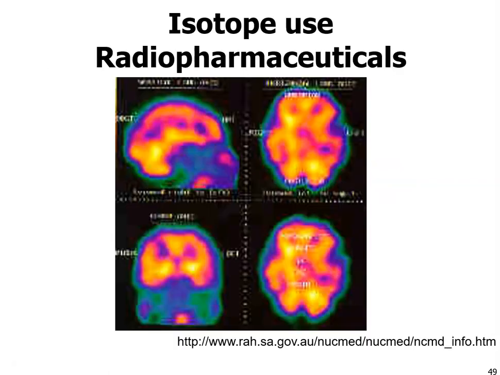Isotopes can be used in different types of sciences, and one that you might be familiar with or have heard about is that sometimes these will be used in pharmacy.